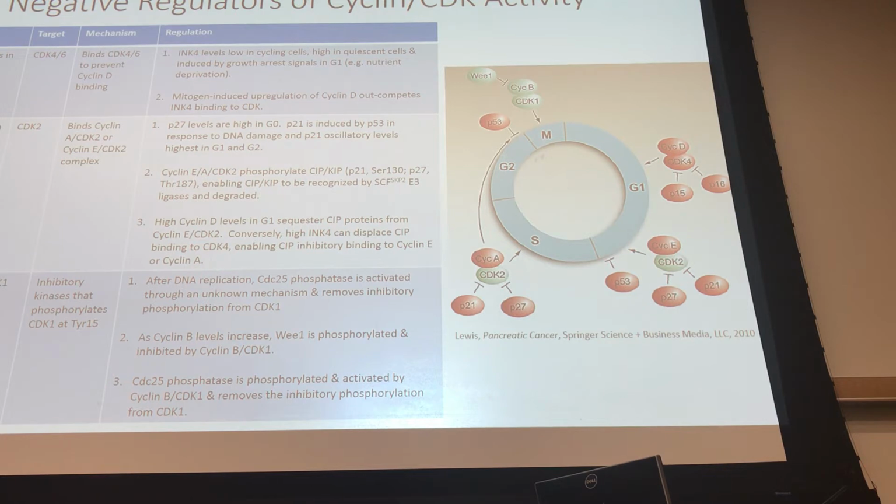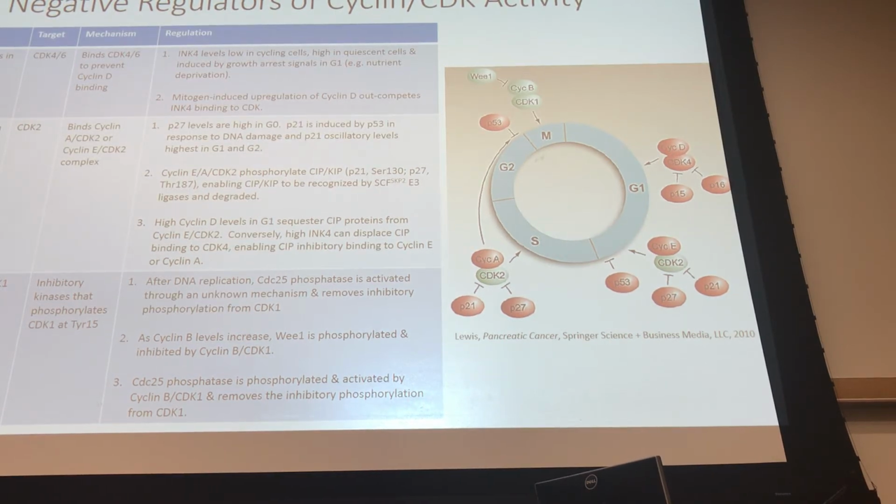Then you've got another cyclin kinase inhibitor family, the CIP/KIP family, so that's P21 and P27. They're important to block the cell cycle if DNA is damaged. Their target is going to be CDK2. What they do is they'll either bind to the cyclin A CDK2 complex, or they'll bind to the cyclin E CDK2 complex.